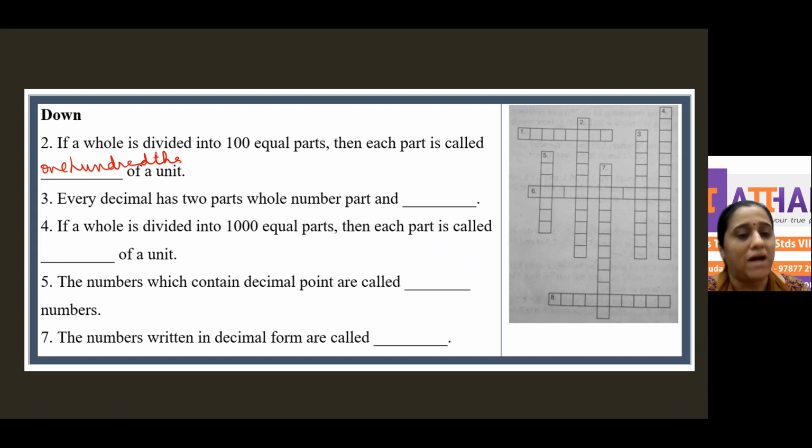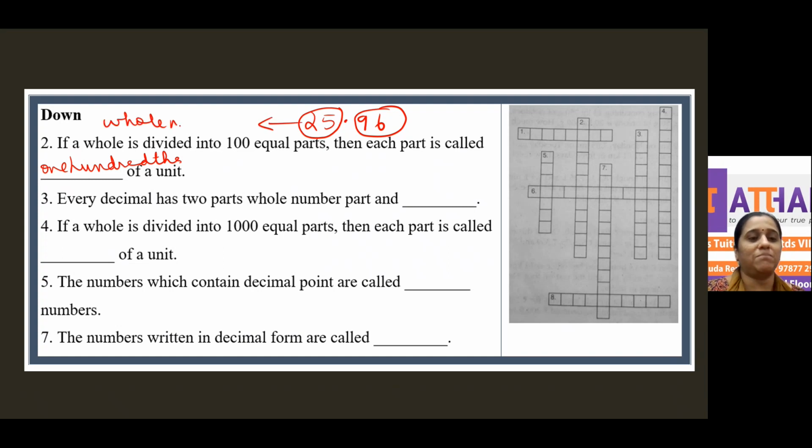Every decimal has two parts. Now see, when you take a decimal number, for example 25.96, this is called the whole number part, and this is called the decimal part.